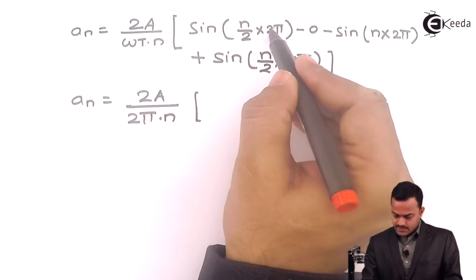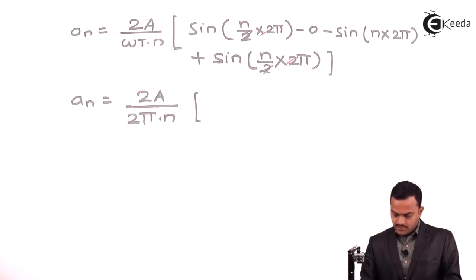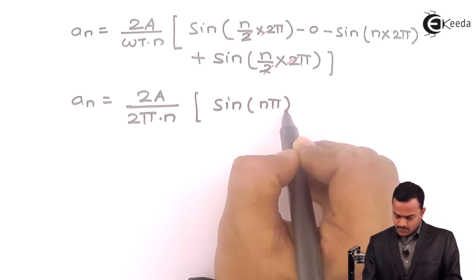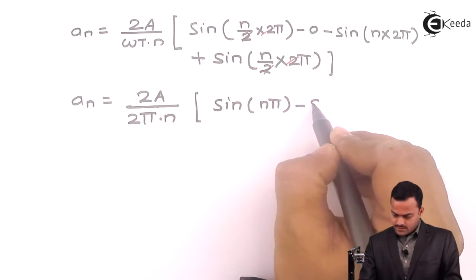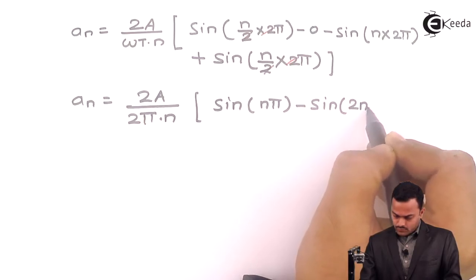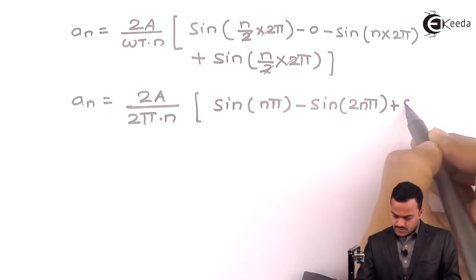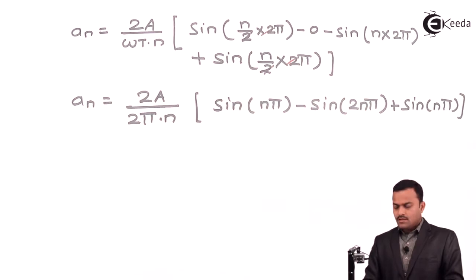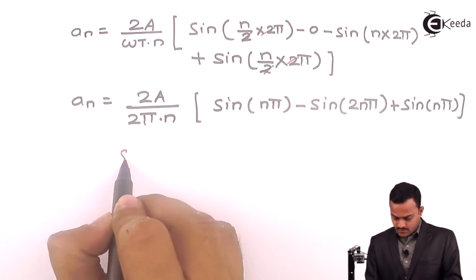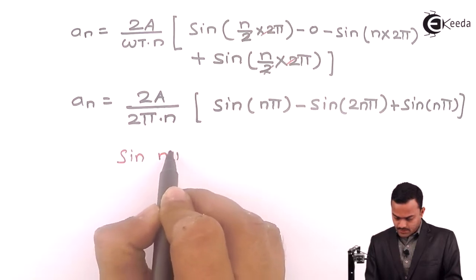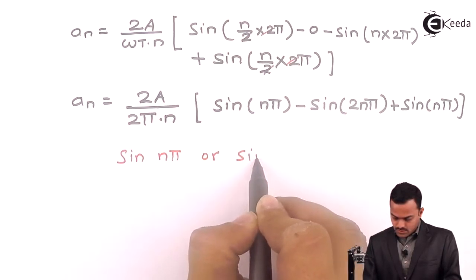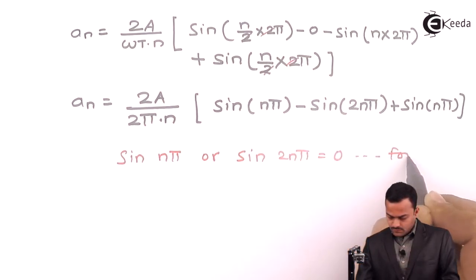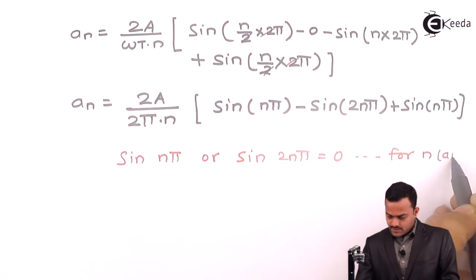Simplify means what? I can cancel 2 over here and here, so that in the end we will get sine n pi minus 0 minus sine 2n pi plus sine n pi. And we know in trigonometry, sine n pi or sine 2n pi is always 0 for n which is any integer.